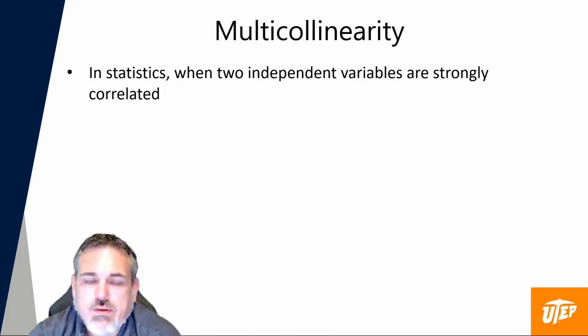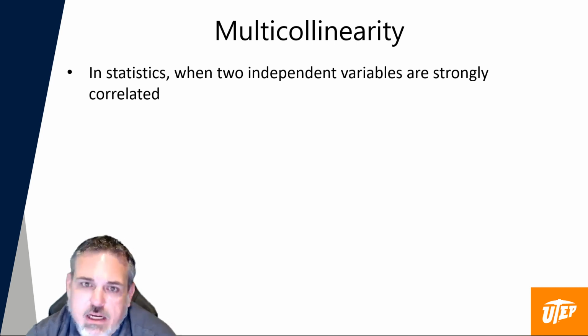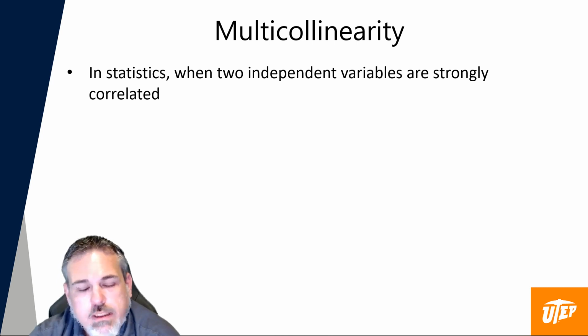We know that education is a pretty significant predictor of vote choice. We also know that income is a pretty significant predictor of vote choice. But education and income are naturally correlated, and usually fairly strongly correlated.